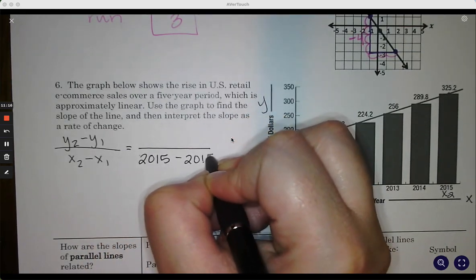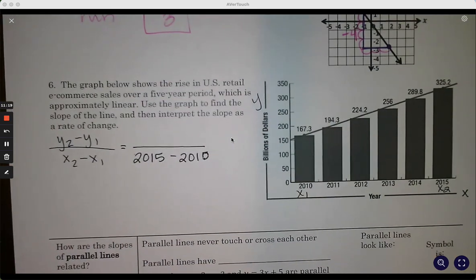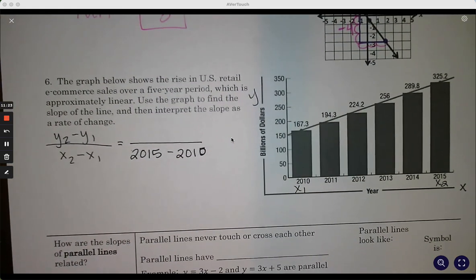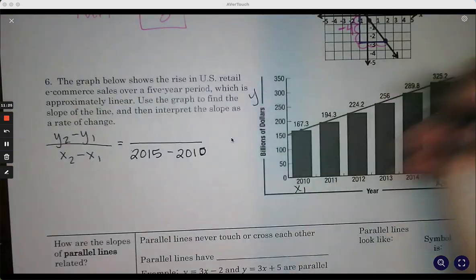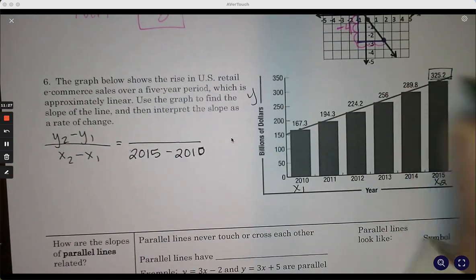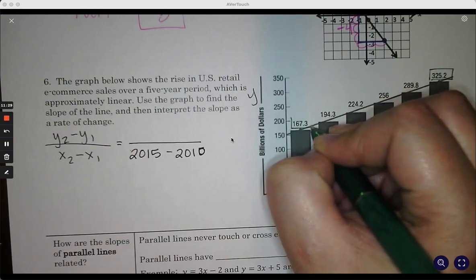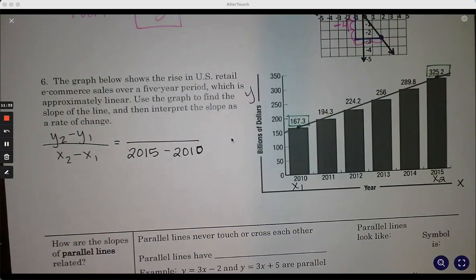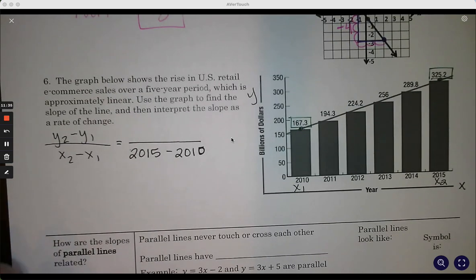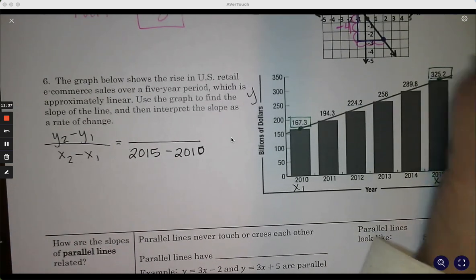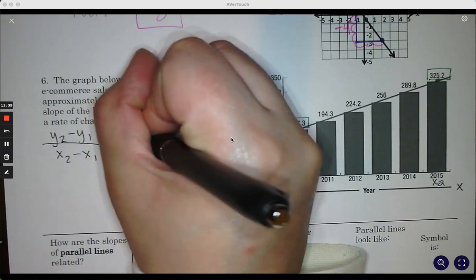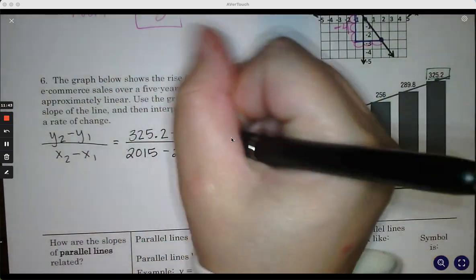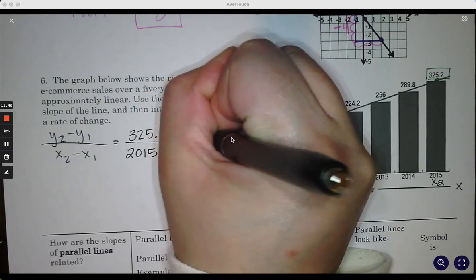minus 2010. To find y2 and y1, we're going to use these values, because it looks like those are the values of those years. So 325.2 minus 167.3.